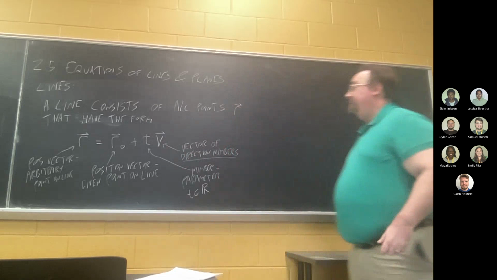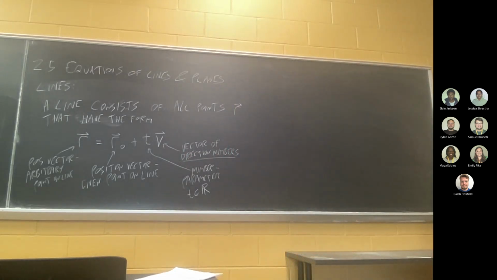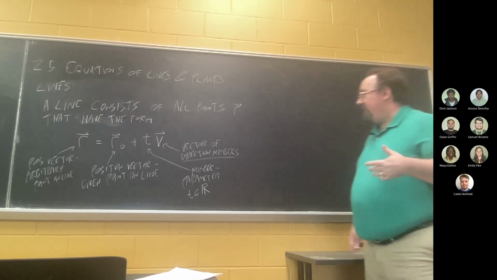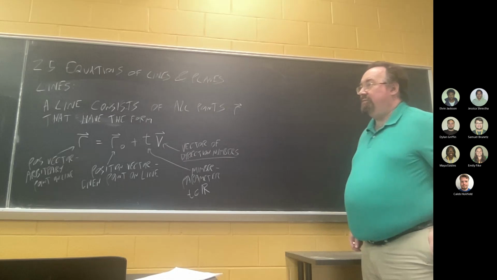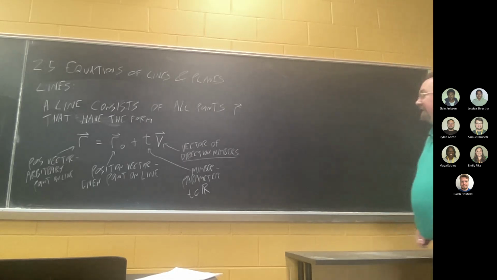They're related to slopes. You can't really say that they are slopes, but if you're looking at a line in 2 dimensions, they can be related to a slope. So they indicate in which direction the line is pointing.